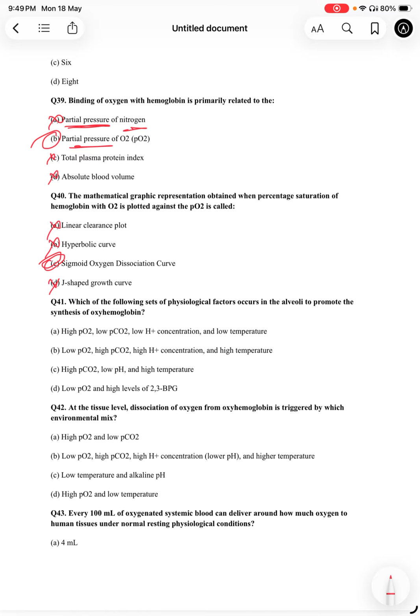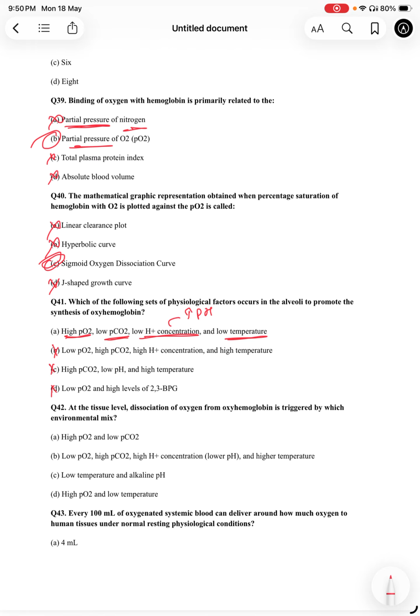Now, which of the following physiological steps occurs in the alveoli to promote the synthesis of oxyhemoglobin? In alveoli, environmental conditions favor loading oxygen onto hemoglobin. So these conditions include high PO2, correct? High PO2, low PCO2, low H+ concentration meaning higher pH, and low temperature.